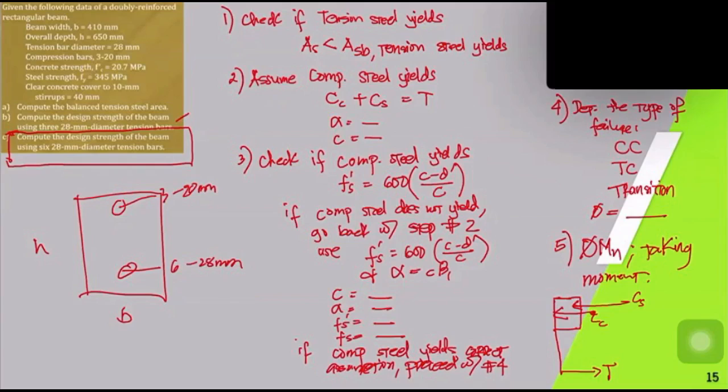And then your Mn now becomes CS minus T. Kasi magkaiba sila ng direction. So we can take moment also at CS. So CC minus T. Or we can take moment at T, that is CC plus CS. Kung taking moment at tension.